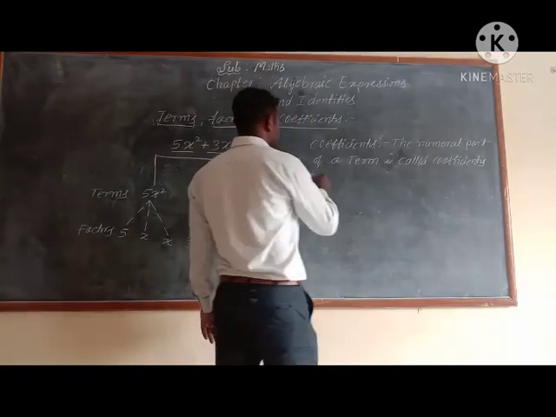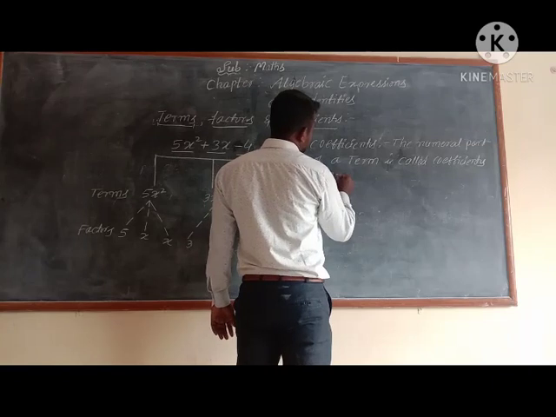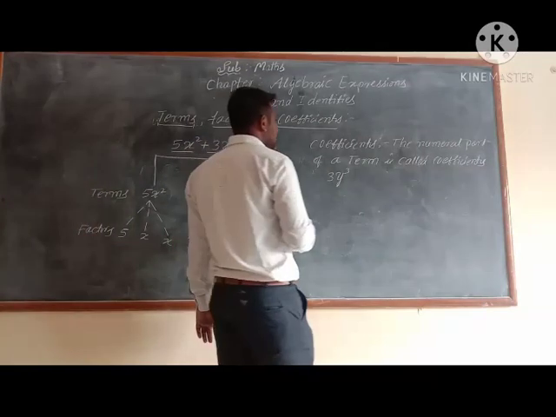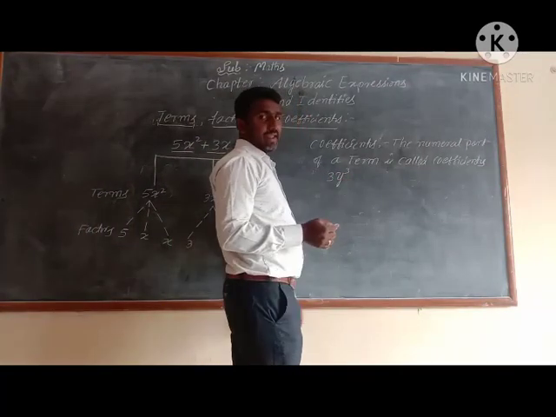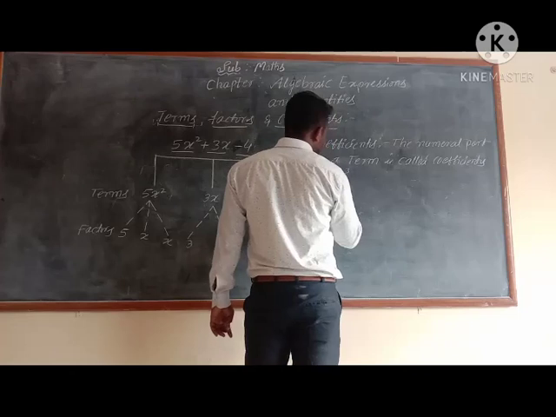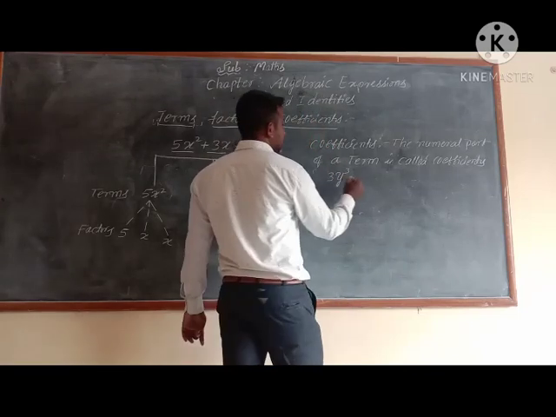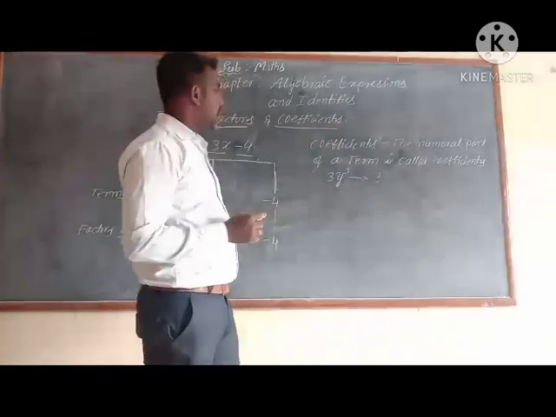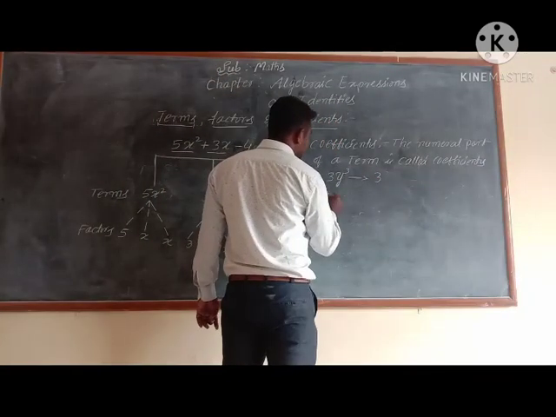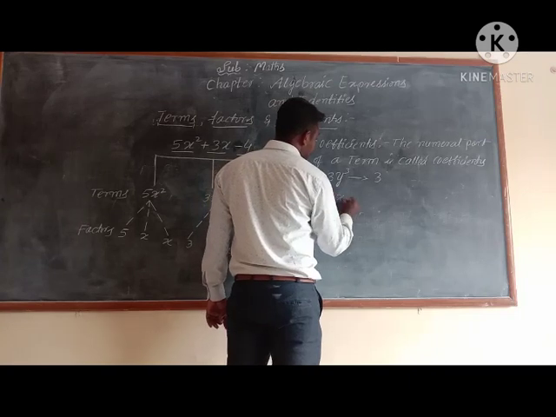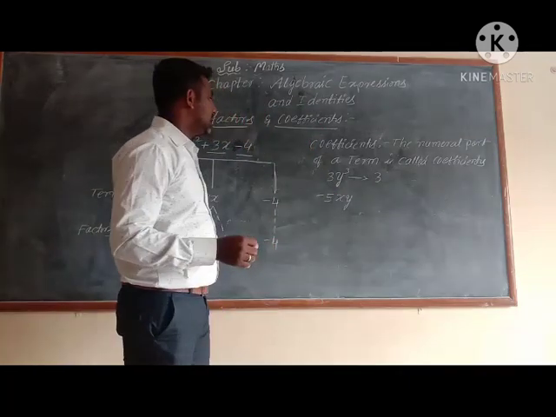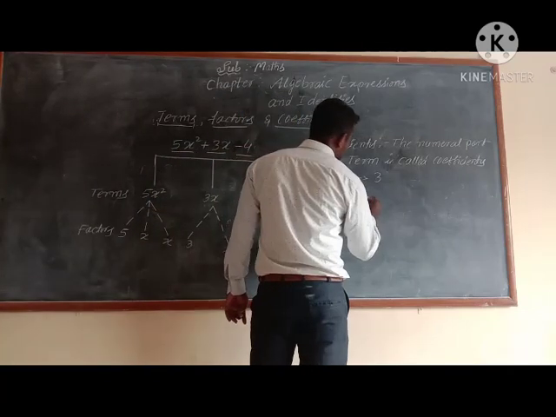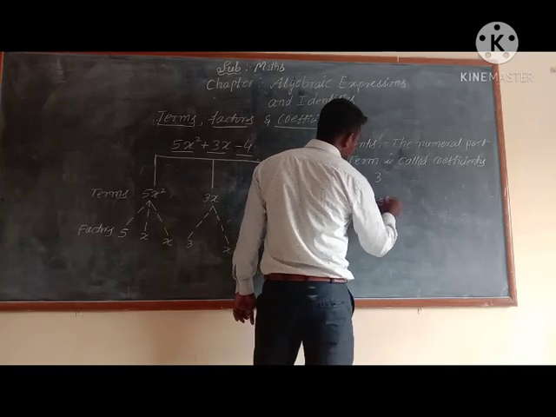Suppose, for example, 3y cube. In this case, the coefficient of the variable is 3. Minus 5xy: in this case, the coefficient of the term is minus 5.